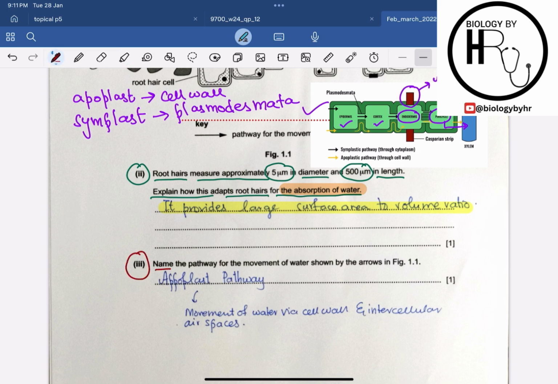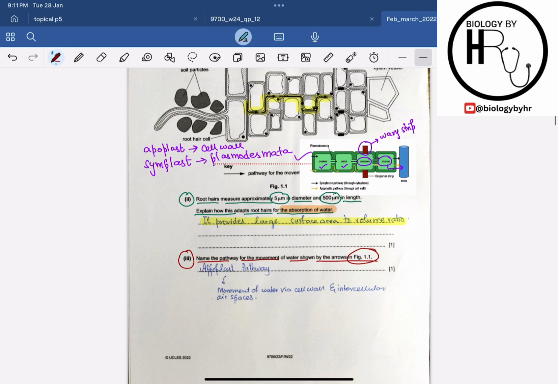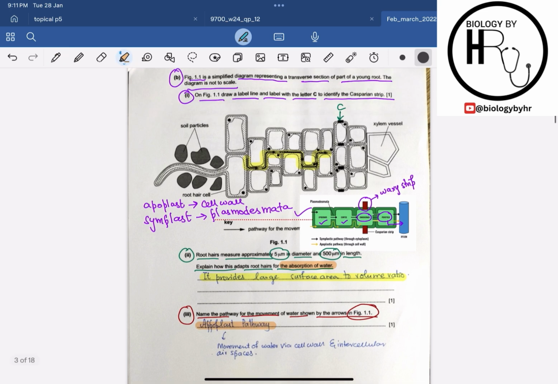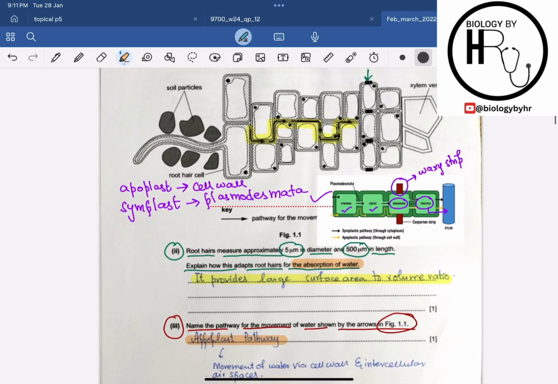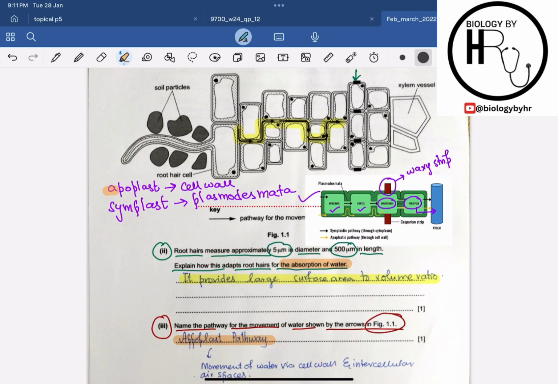Alright, so now let's move on to part 3. Part 3 says that name the pathway for the movement of water shown by the arrow in 1.1. We already discussed that this pathway is basically the apoplast pathway in which the water molecules are moving via the cell wall, right? Cell wall and the intracellular air spaces, right?